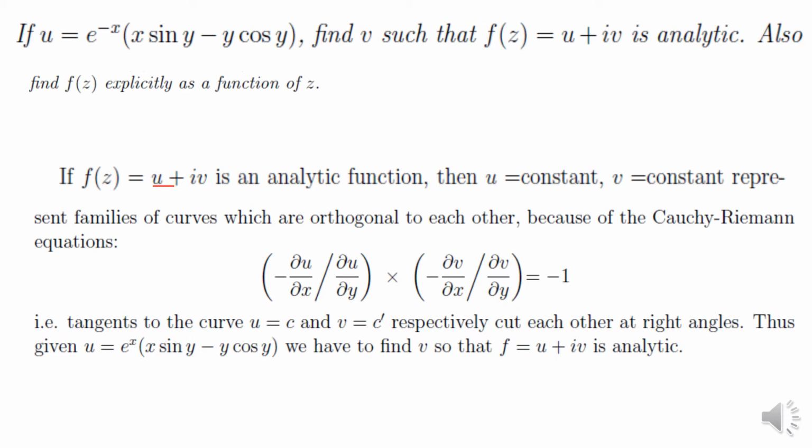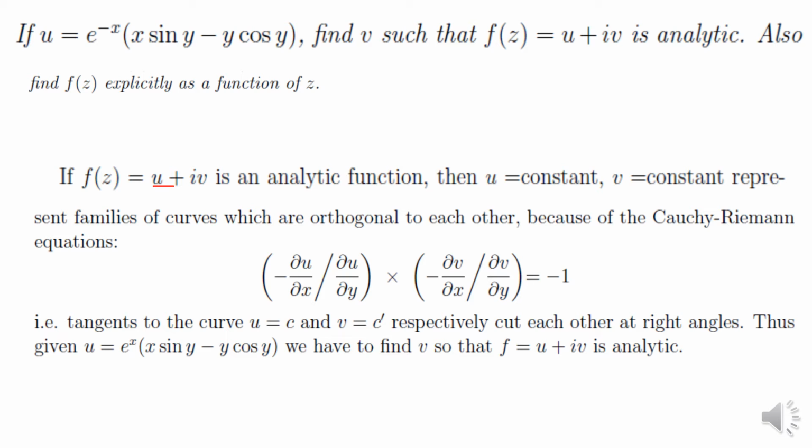These two represent families of curves which are orthogonal to each other, meaning at 90 degrees to each other. There are many curves in u as well as in v, because if we change the value of the constant, u equal to 1 is a constant, u equal to 10 is a constant, so we get a family of curves.